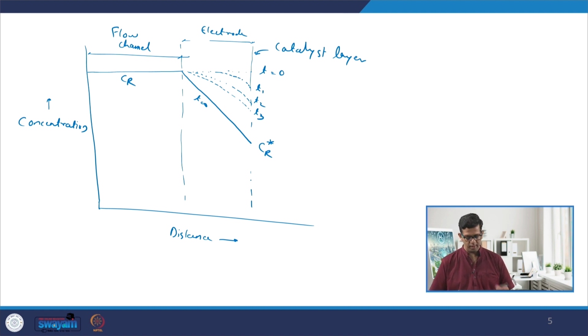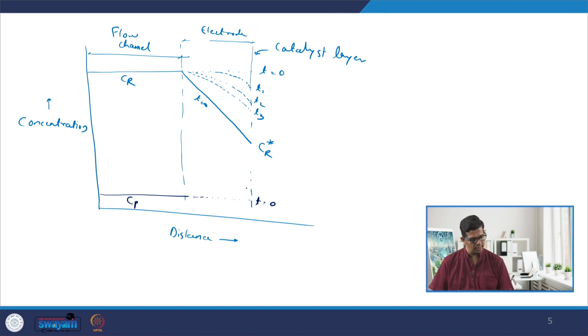What is happening with respect to the product species? Initially, when there was no current being drawn, or when T equals 0, the concentration of product was almost 0.